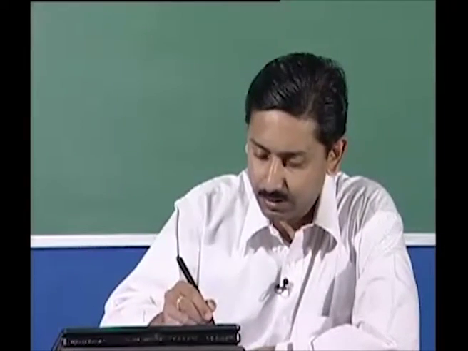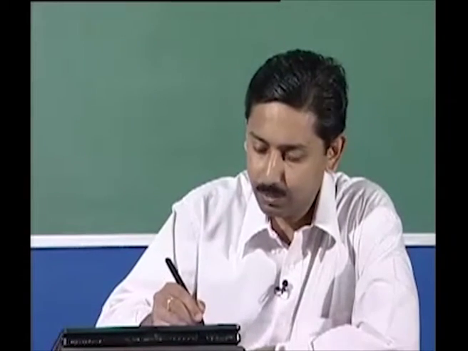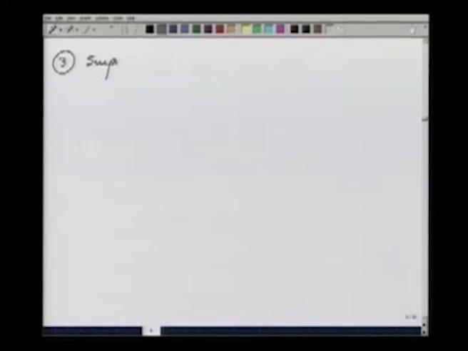Now the third case, I am not going to prove anything here. Suppose fxx fyy minus fxy² at a point (x₀, y₀) is less than 0.